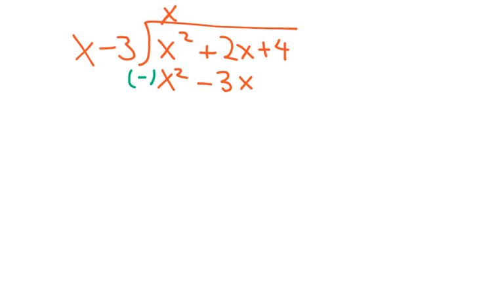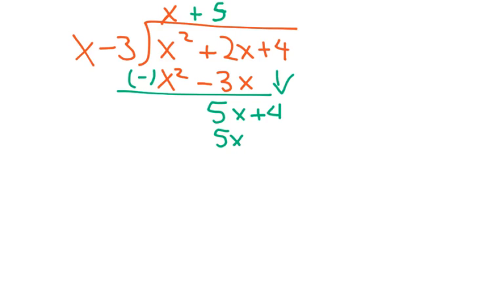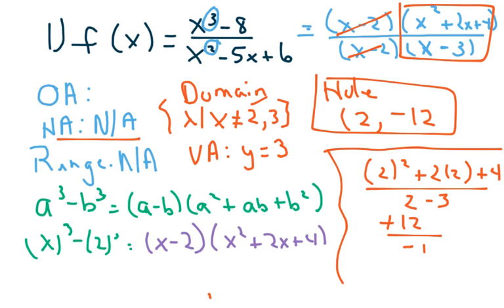Subtract both pieces, and we're going to get 5x plus 4 when you bring down the 4. No, plus 5 actually. And you multiply and you get 5x minus 15, and basically you can stop from here because you have your linear equation. You're done. So my oblique asymptote is y equals x plus 5.